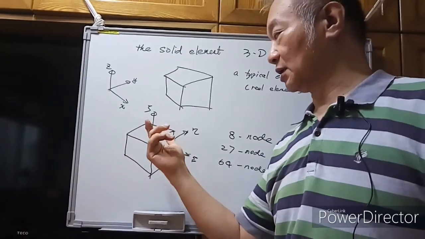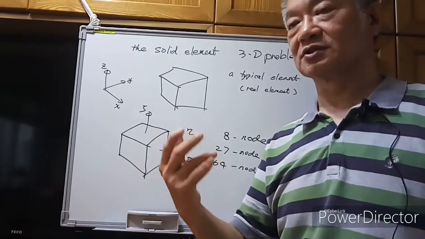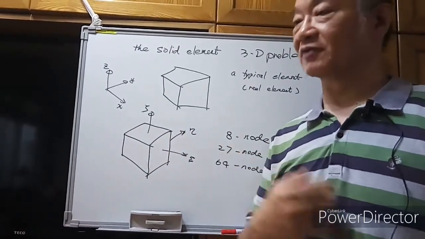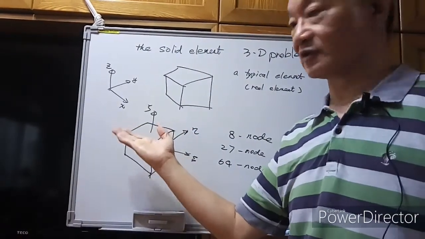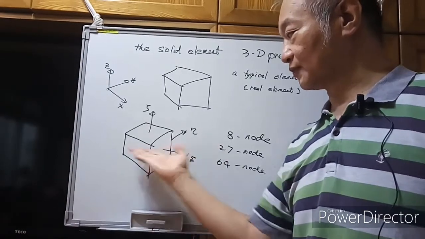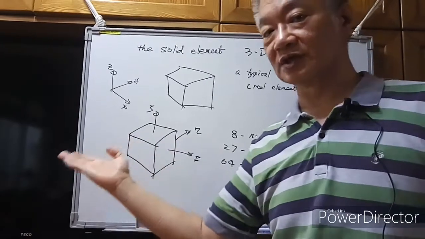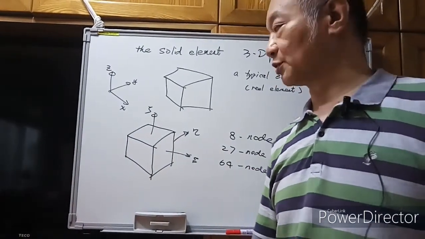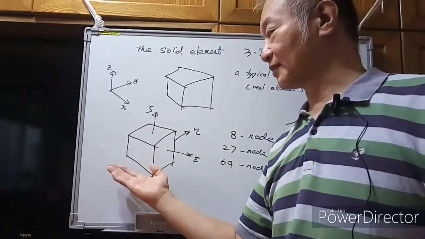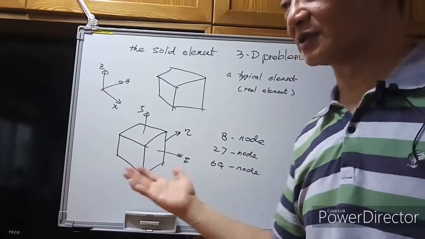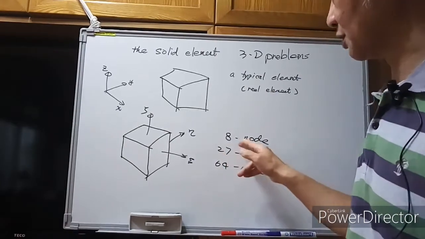So along all the directions, we use 3 variables to define quadratic functions. We have 9 nodes at the top surface, 9 nodes at the center for zeta equal to 0, and another 9 nodes at the bottom. So totally, we need 27.